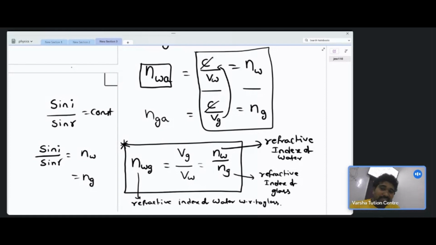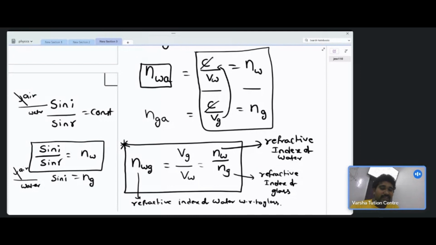Incident ray is coming from air and going into the water. Then we will use this condition, sin I by sin R. I hope you know what is I and what is R.